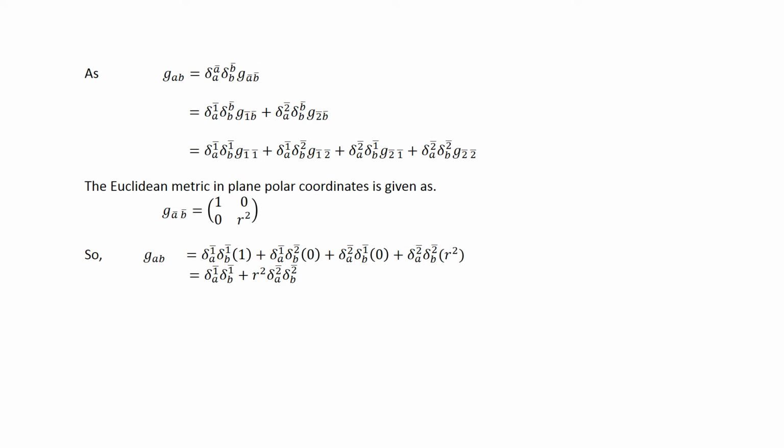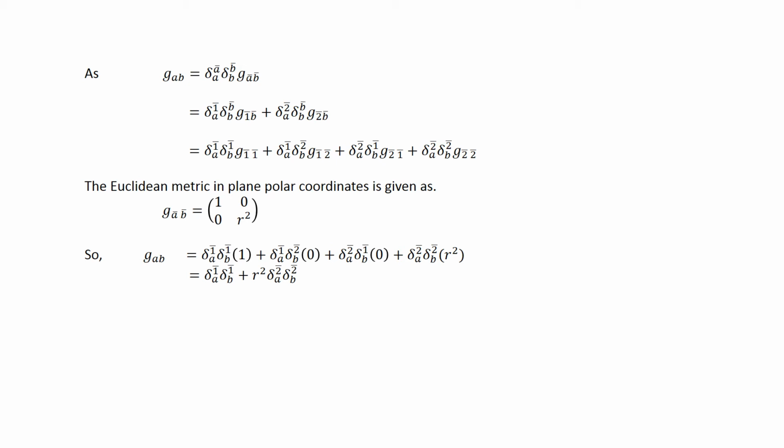So G_AB is equal to delta 1 bar A delta 1 bar B, and the value of G 1 bar 1 bar is given as 1. We replace it, plus delta 1 bar A delta 2 bar B. So here is the term G 1 bar 2 bar. Non-diagonal entries are 0, both non-diagonal entries are 0.